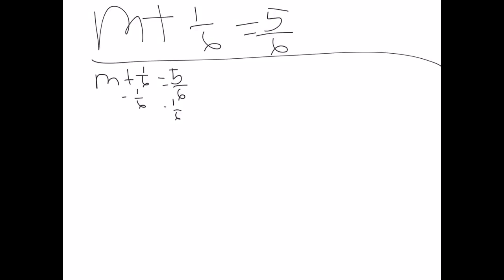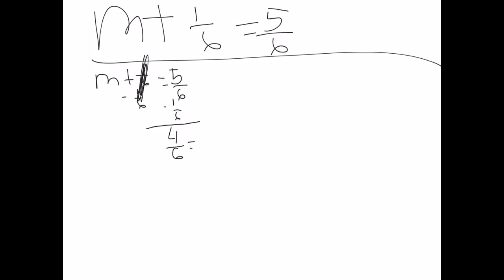And positive 1 over 6 minus 1 over 6 crosses out to 0. And then you have to do 5 over 6 minus 1 over 6. And since you have common denominators, you're going to want to do 5 minus 1, which is 4 over 6.